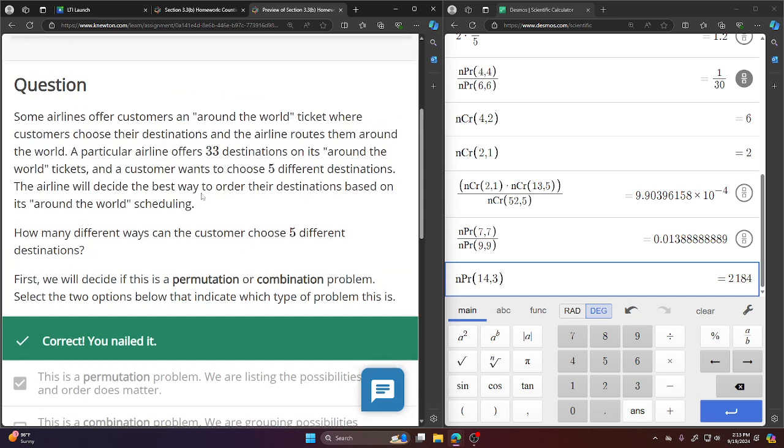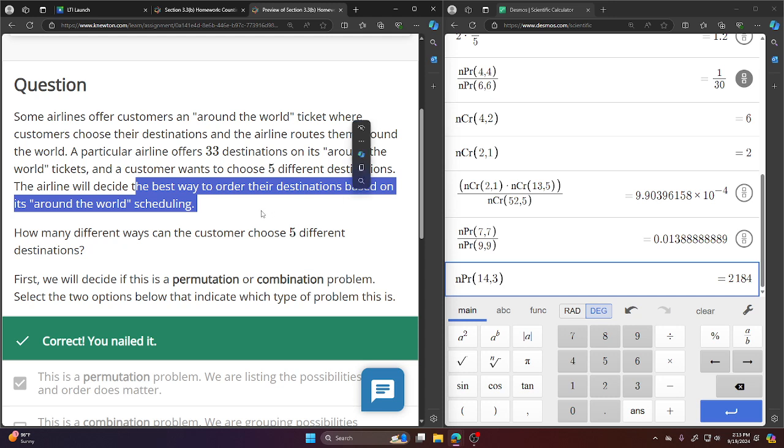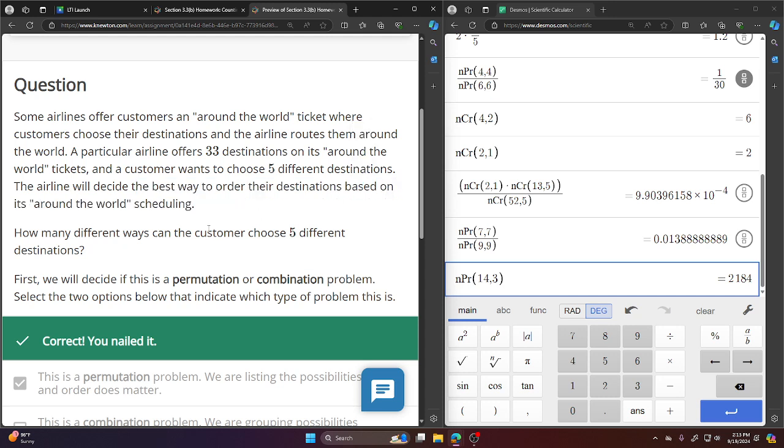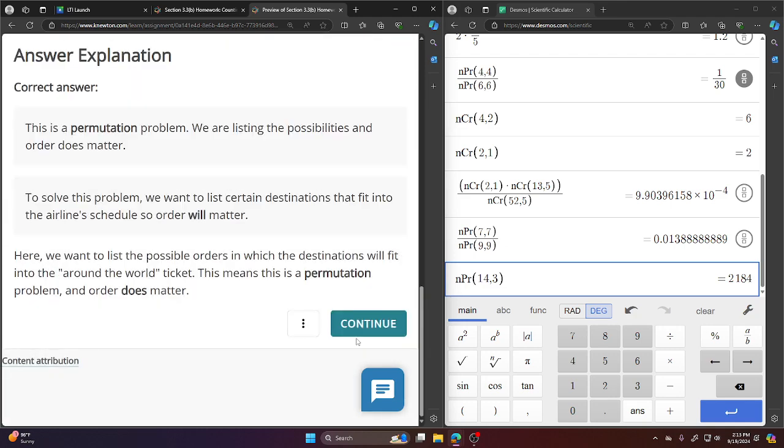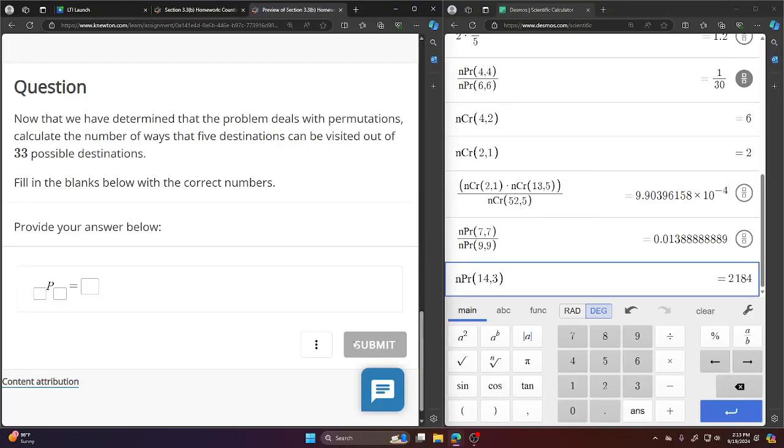Okay. Because it's the airline that's choosing the best order. But then does it matter what you choose? That's kind of interesting, isn't it? You say, I want to go to DC and I want to go to Vegas. They're like, yeah, whatever, dude. We're going to choose our own way to get there. Keep cruising. Okay, instructor cheat.